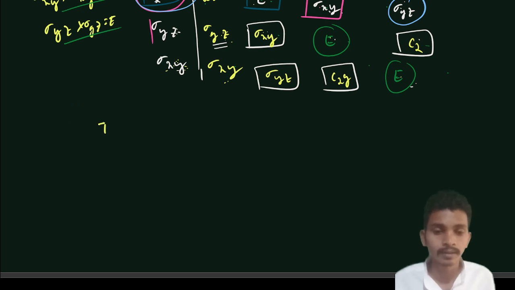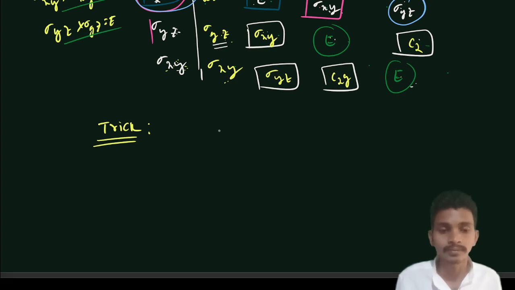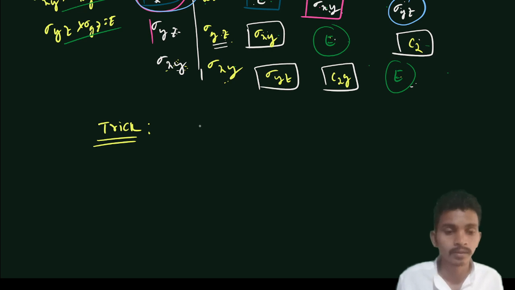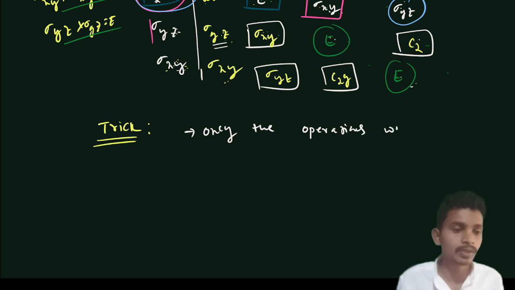So the trick is, not a trick, this you have to do always. Only the group operations present, the same things will come.